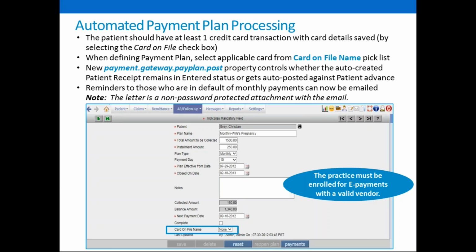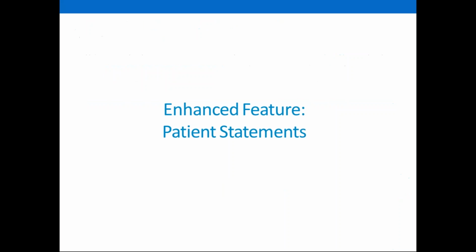There's also a property, if you notice the third bullet point here, specifically for payment plans on e-payment, that you also have to define. So those are all of the features at a payment level in the Denali upgrade.